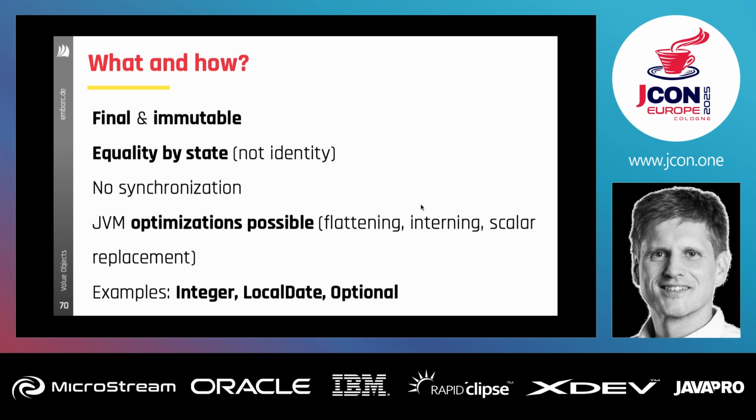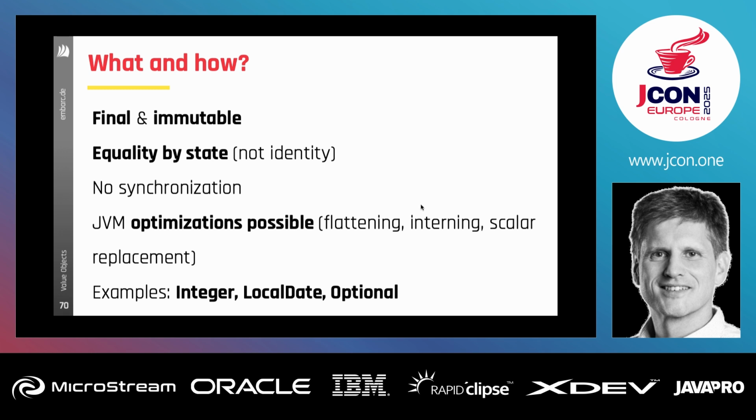The JVM is quite famous for inlining, for example, methods, and here it can also replace scalar values. There are already a few classes we all know, like Integer, one of the wrapper classes of the 8 primitive types, or LocalDate, or Optional.